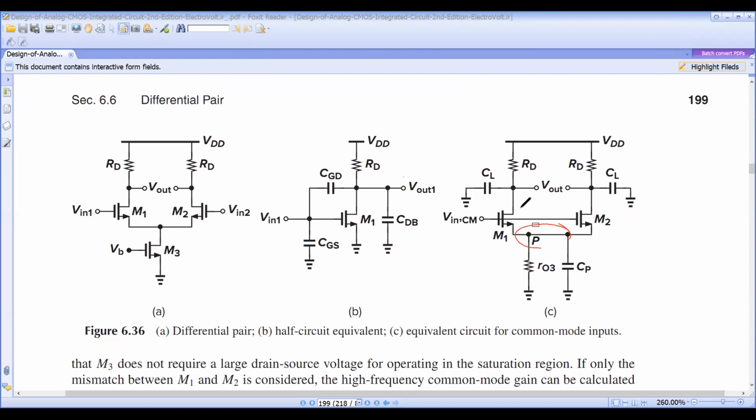The capacitances are gate to drain of M3, and drain to body of M3, which you can draw like this.